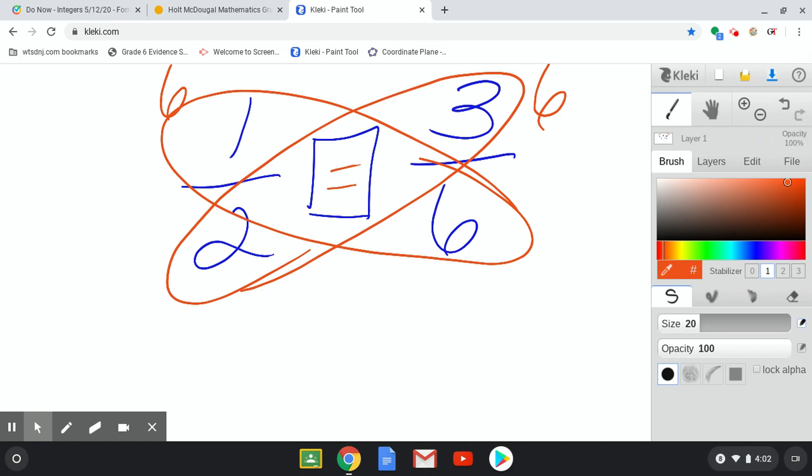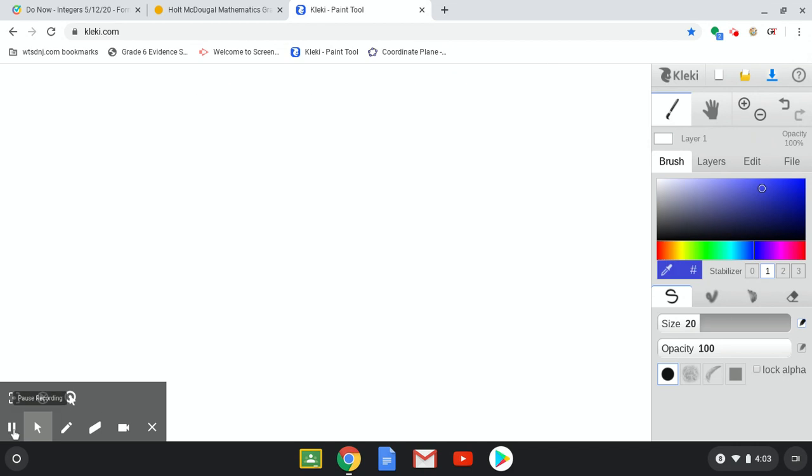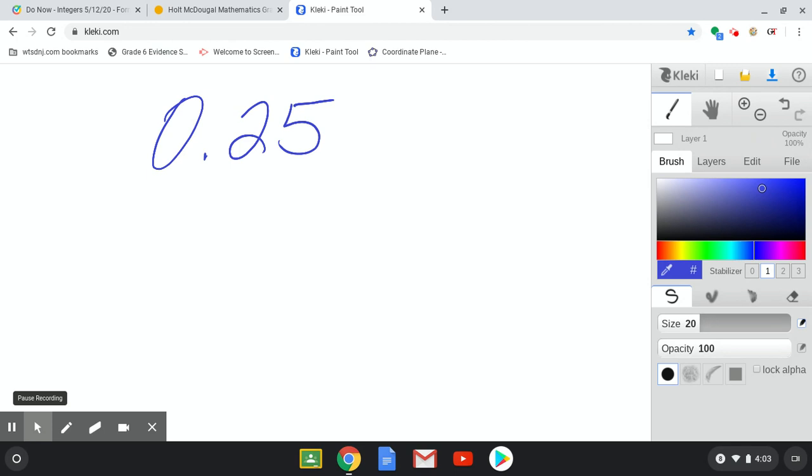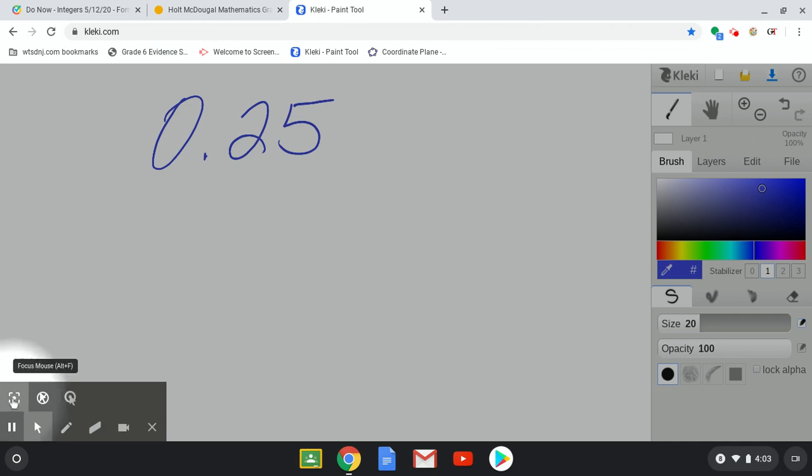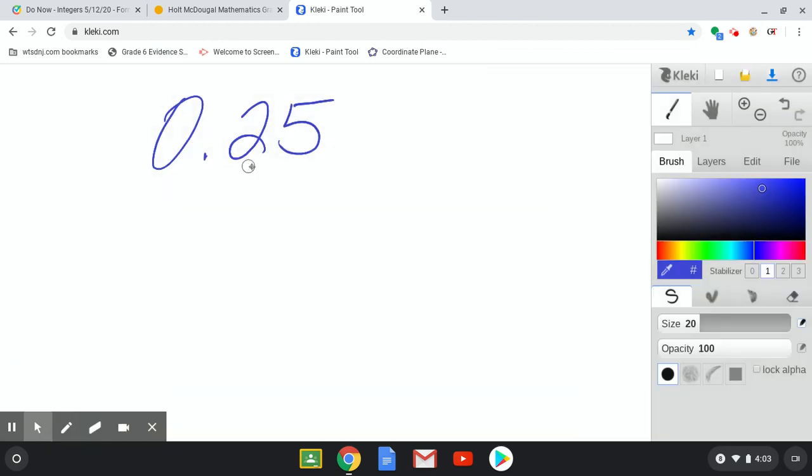Now let's review writing decimals as fractions. Okay, so if I had the decimal 0.25, I'm going to read this as a decimal. So how would I say this? Instead of saying 0.25, this is 25 hundredths.